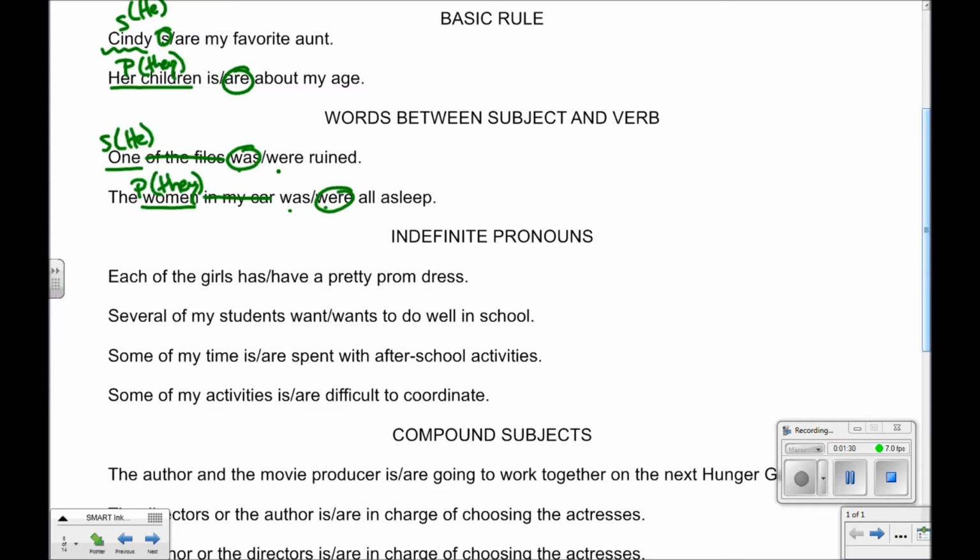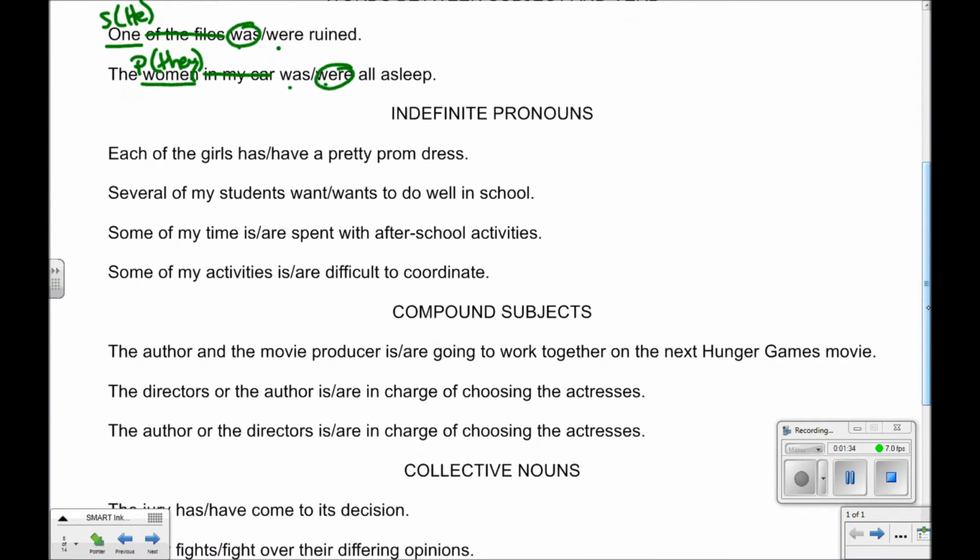Now with indefinite pronouns, I need to make sure that I can correctly identify the pronoun as singular or plural from the lists. Each of the girls has or have a pretty prom dress. Again, I've got a prepositional phrase to get rid of, so each. Each is always singular. So that goes with he.